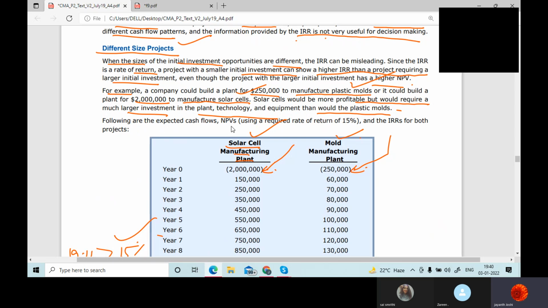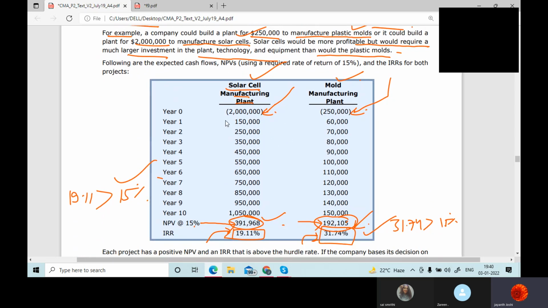So following are the expected cash flows they are showing here. Let's see the pattern. The pattern is increasing cash flows, and here it is even increasing cash flows. The NPVs are calculated with the required rate of return of 15%, along with the IRRs for both projects.